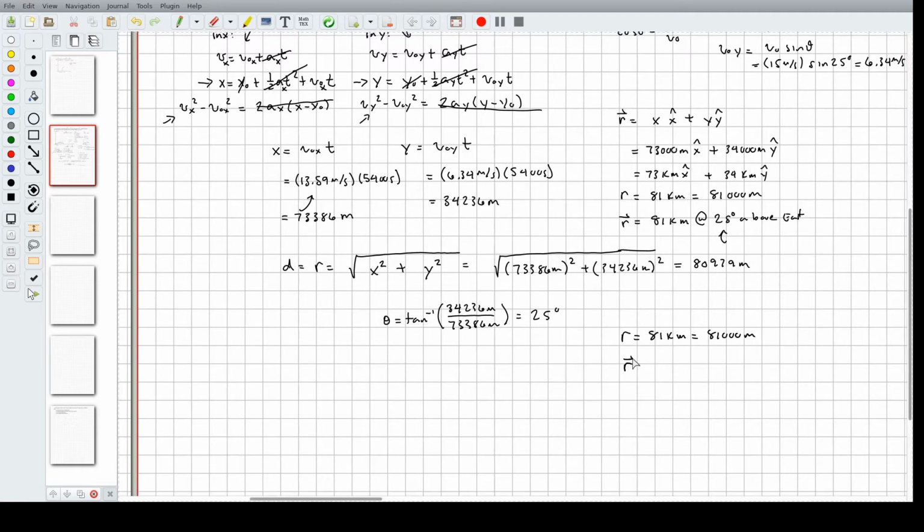The location of my car after 1.5 hours is 73 kilometers in the x direction plus 34 kilometers in the y direction, or, and this is entirely equivalent, r is 81 kilometers 25 degrees above east. These are fully equivalent.